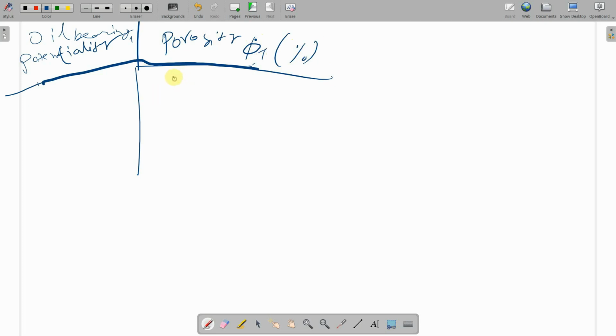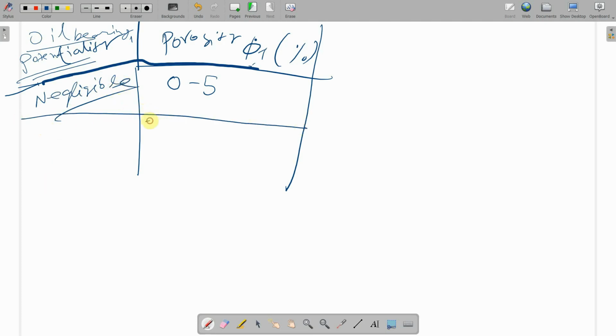If the porosity is in between 0 to 5, that is less porous, you can say it's a low porosity rock type, then your potentiality of having oil in that rock is low, or that rock is not suitable for reservoir.